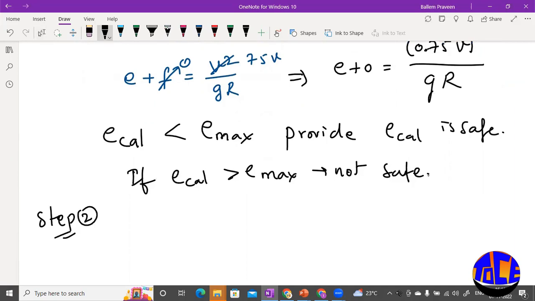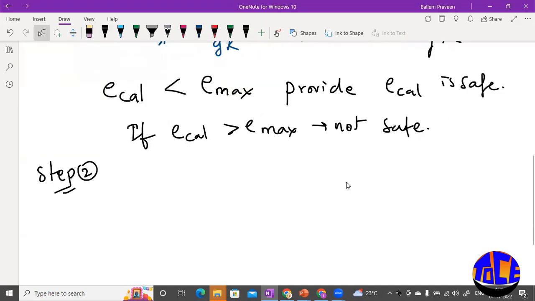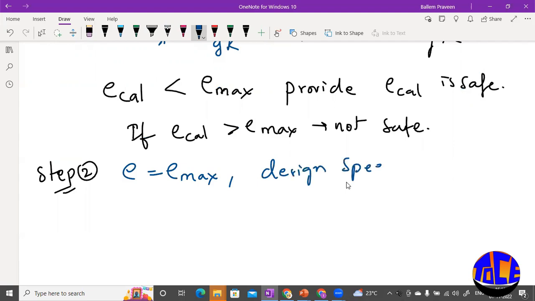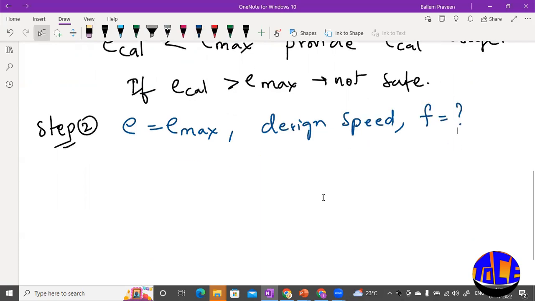In step 2, we'll take E as E max, the maximum value of E, and we'll take the design speed as V itself. We'll find out what the F value is.